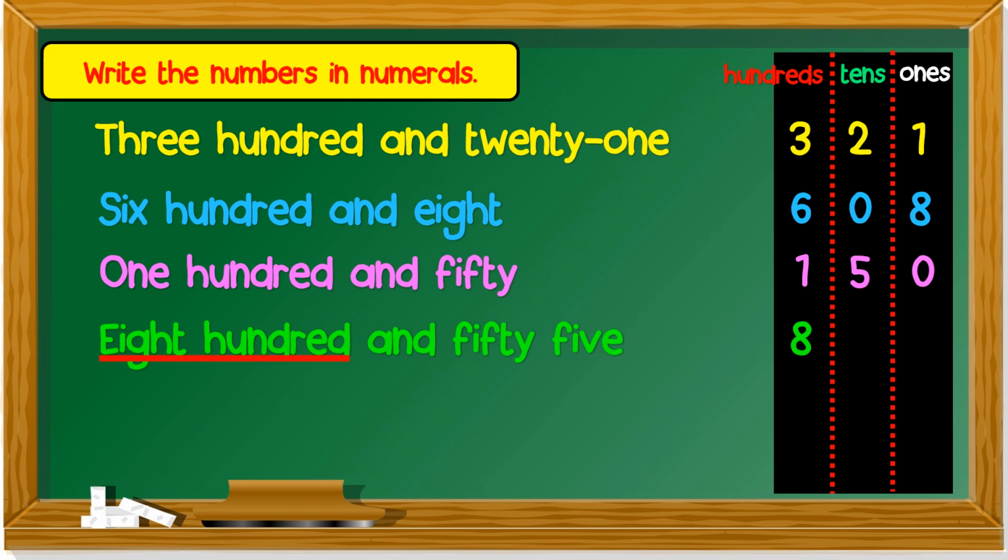Fifty. Good. So we write 5 here. Ones, 5. So we write 5. 855 is 855.